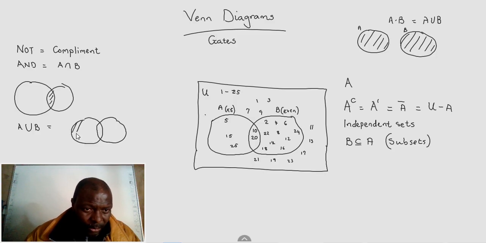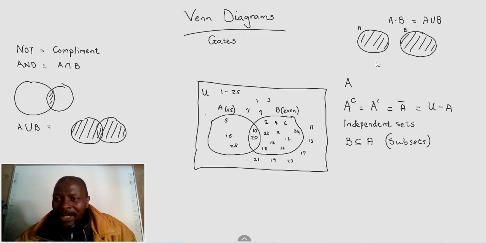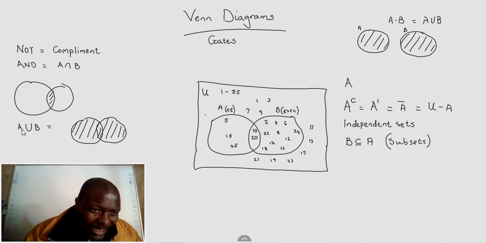So what elements do I find in A union B? It is whatever I find in A or B. Therefore, this is our OR gate.